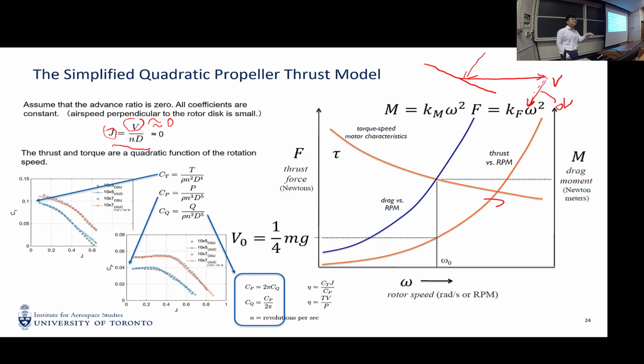So any questions regarding this issue? Good. So by this simplification, based on the UIUC database, we can directly get the CT, the CP, and also CQ from the database. So basically here, CT, CP, and CQ are just constant. So we'll have 3 constants that model our propellers.